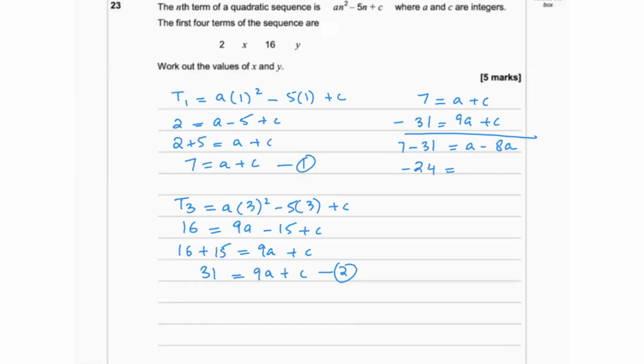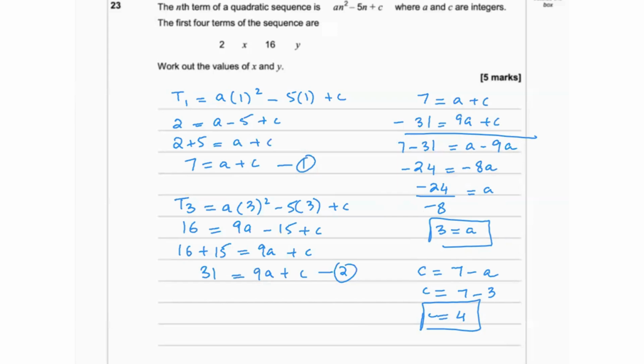Oh, sorry, this is 9a, so that's going to be negative 8a. Negative 24 divided by negative 8 is 3. So a is 3. That means c is going to be 7 minus a, 7 minus 3, and that is 4.